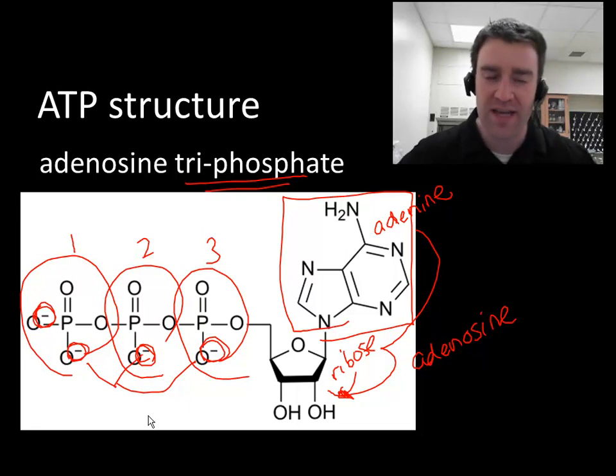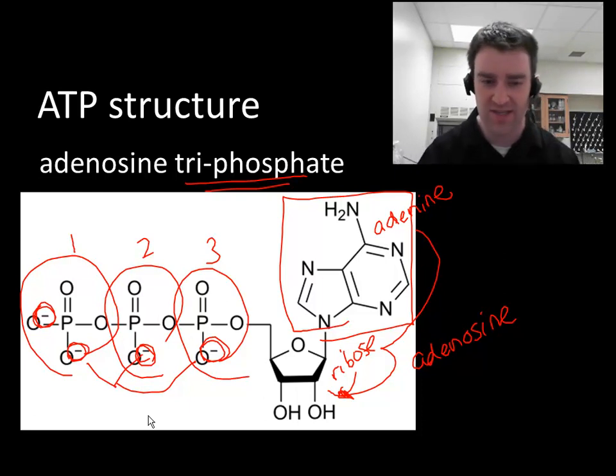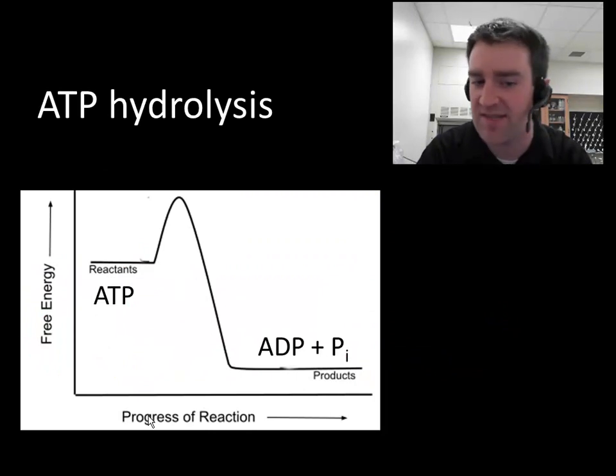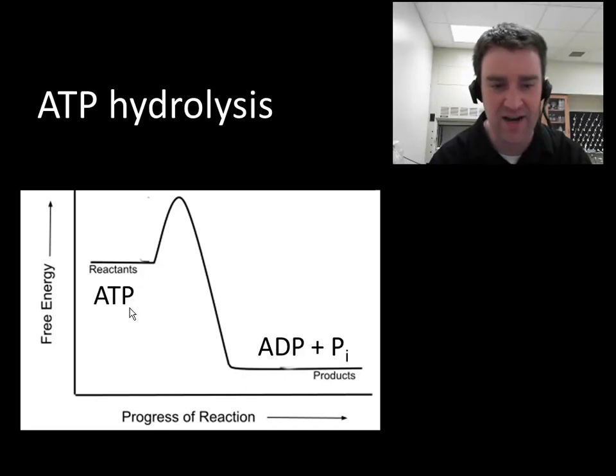And so what that's going to do with ATP is make it a very unstable, high energy molecule that is desperate to get those phosphates separated from each other. Or another way of phrasing that is that the hydrolysis of ATP is extremely exergonic. ATP itself is very high in energy because of all those negatives of the three phosphates near each other.